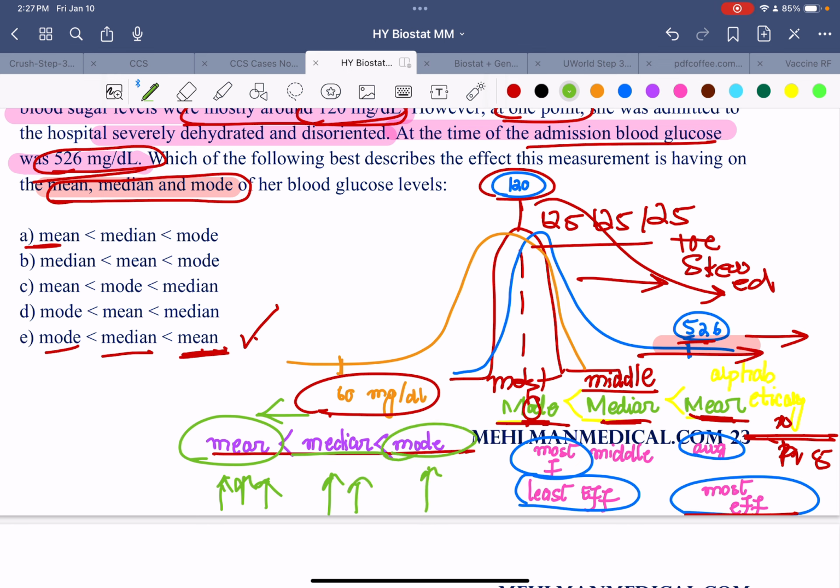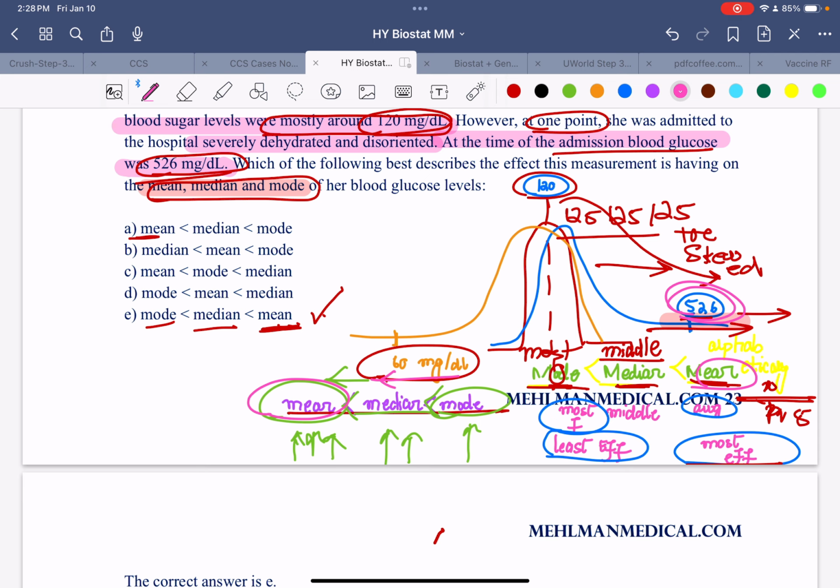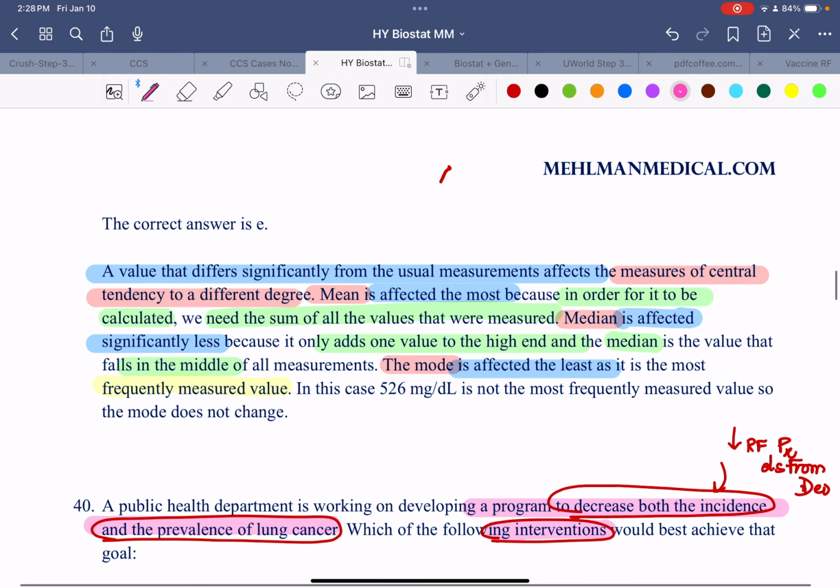Okay, but in this case, can you see that the order has changed? In this situation, the mean has become the smallest because our outlier is on the smaller side. This data is negatively skewed, whereas in the case of 526, our mean had become the greatest, right? And why had it become the greatest? Because the value was positive, positively skewed. So in both these situations, you should know what will be affected the most, that's mean, what's affected the least, that is mode, and what is affected in a medium fashion, that is known as the median.